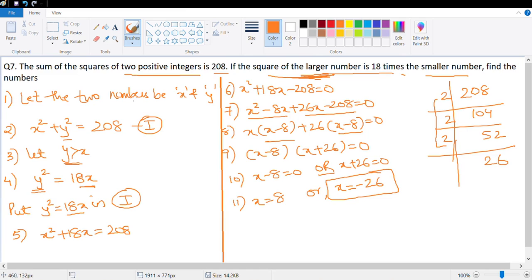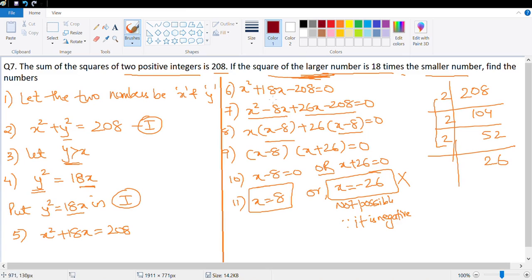Now since this is a positive number, this is not possible since it is negative, which means x is equal to 8 is our number.